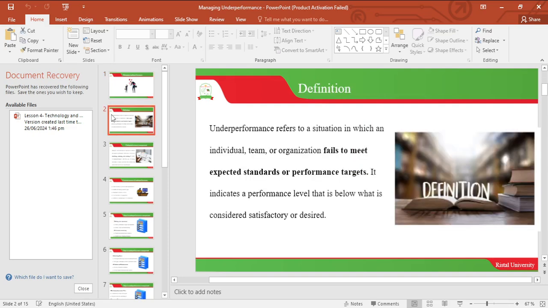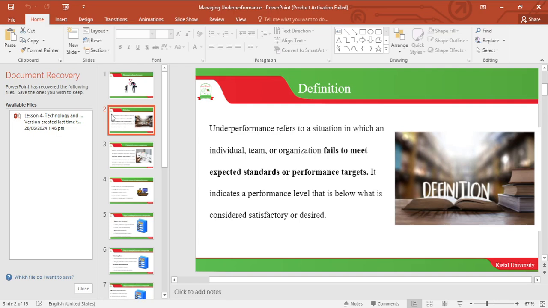When we talk of underperformance, we are talking about a situation where an individual or a team fails to meet the expected standards. That is, their performance is below the standard. That's what we call underperformance. Organizational performance depends on the performance of individual employees.